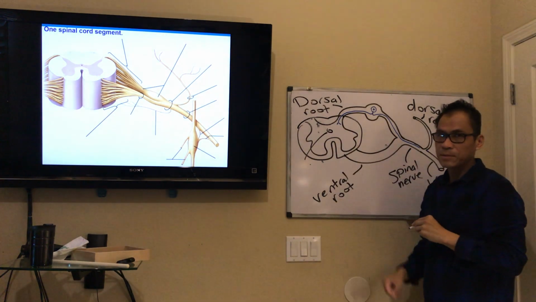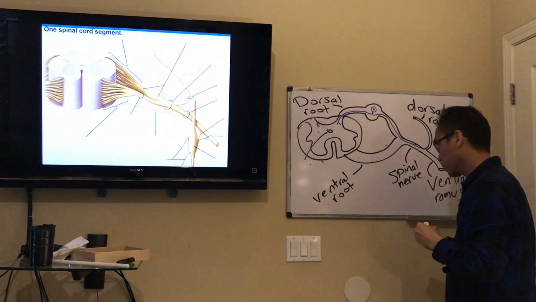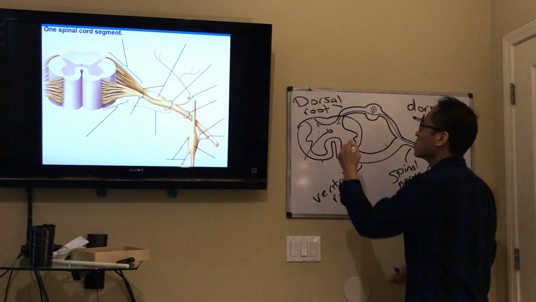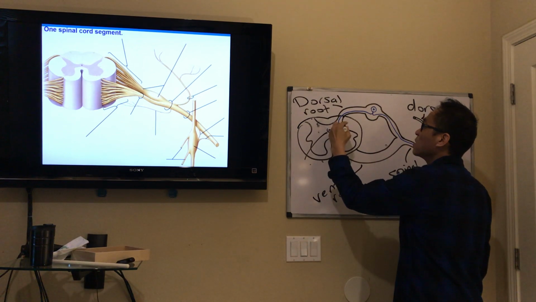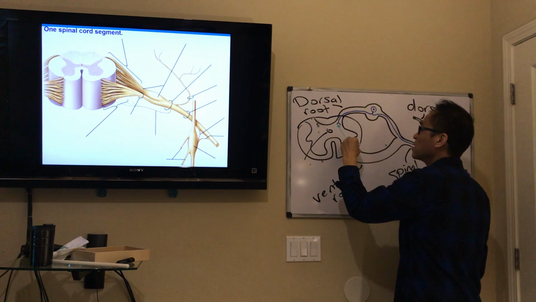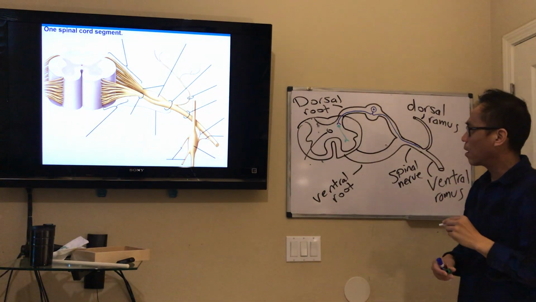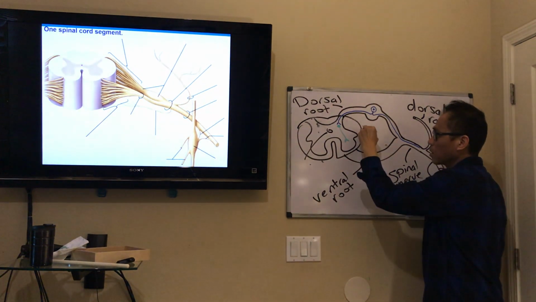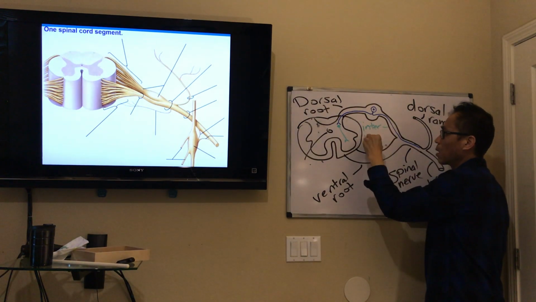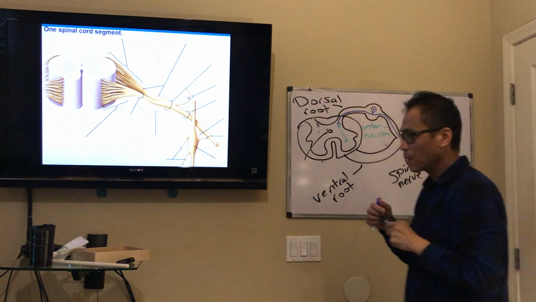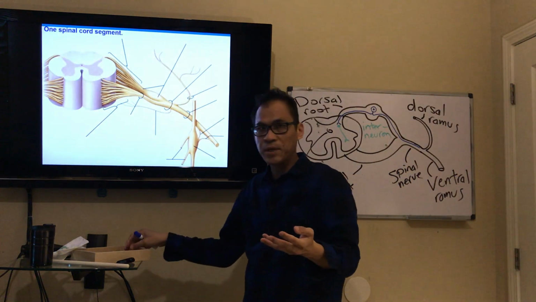Or it would synapse onto an interneuron. So that green cell, interneuron, the interneuron is a kind of a go-between cell.